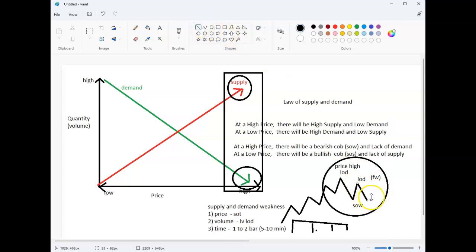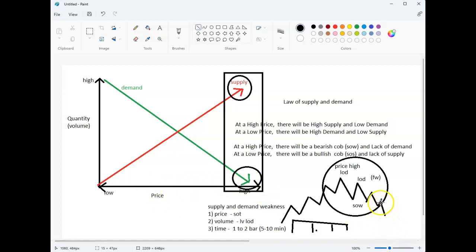If price is going down, what does that mean? It means now you're going the other way on this chart. You're reversing. See, at the price high, you had high supply and low demand. That created the turning point, which means that now you're going the other direction.